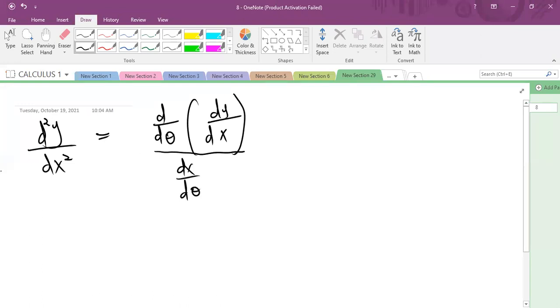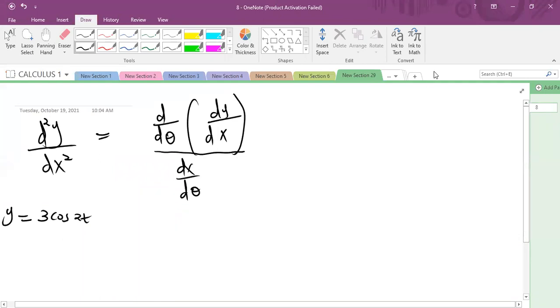Now let's look at a simple parametric equation. Let's say you're given y is equal to 3 cos 2t and x is equal to 2 sin t, and you're told to get d²y/dx².